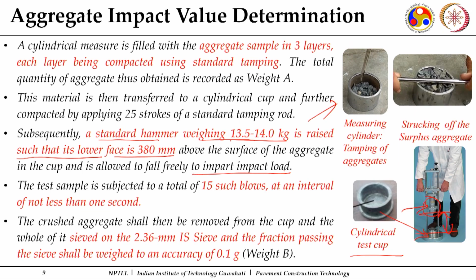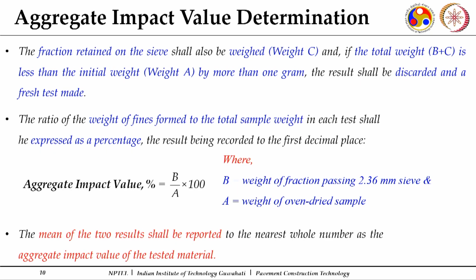So we are imparting an impact load over this aggregate sample, and we give 15 such blows, and thereafter the material in this cylindrical cup is taken out. It is sieved through the 2.36 mm sieve, whatever is retained is washed, and then oven dried again.